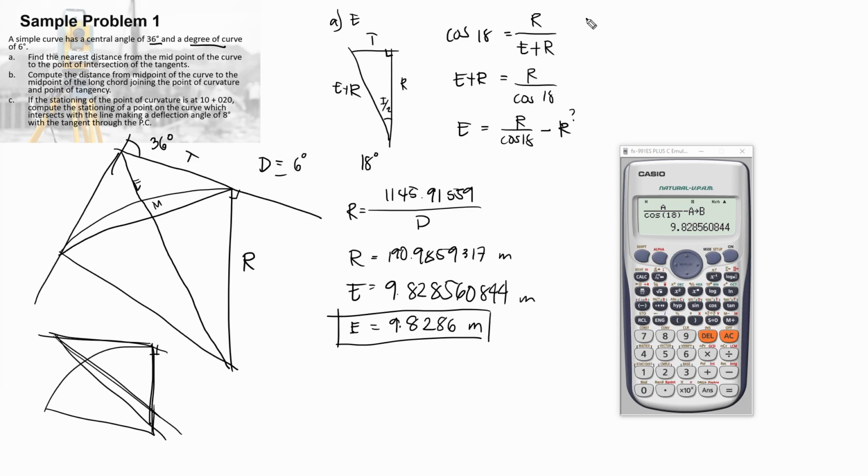For second question naman, B, yung middle ordinate naman yung hinahanap. So ito naman yung hinahanap na distance. Ganun lang din, hanap ulit tayo ng triangle na pwedeng magamit. So ito yung triangle na nasa lower half. Ang distance from this point to this point is the radius minus yung middle ordinate distance.